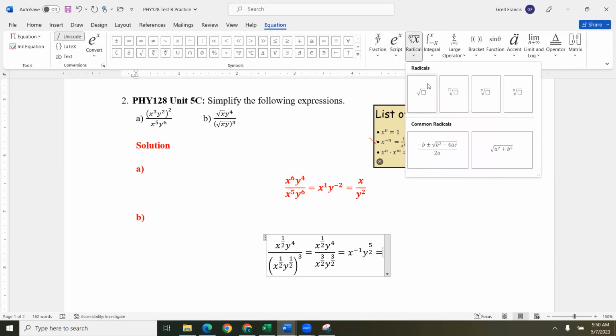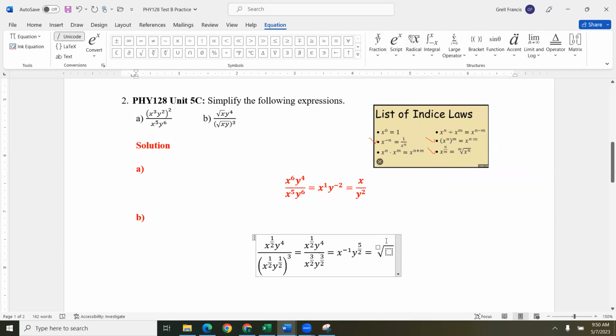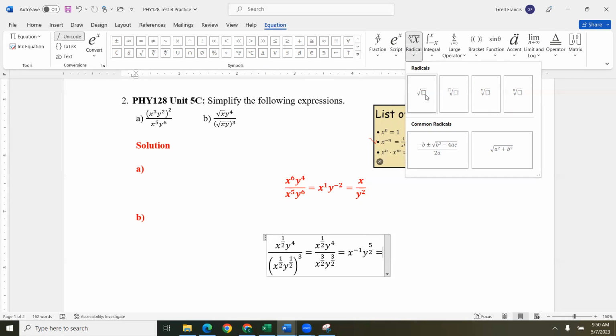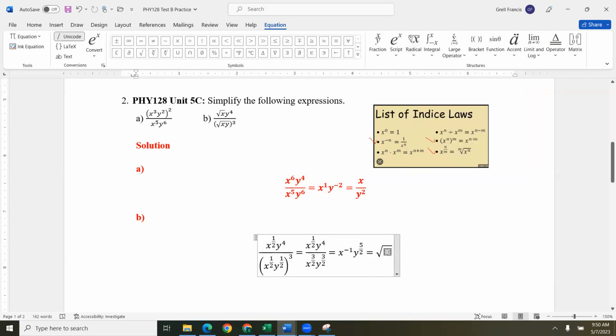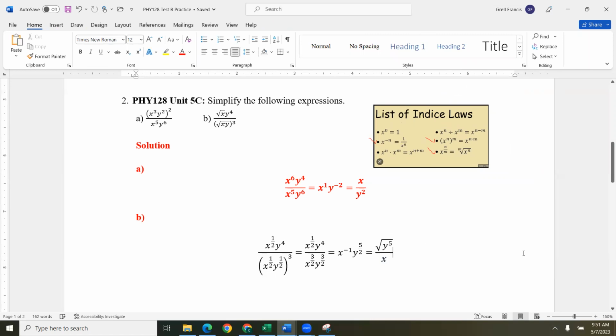So the numerator will become the power, and the denominator now will be the value of the radical sign. But because it's 2, then we don't really have to write the value of 2. So you can just put the square root of y raised to the 5 divided by x. So that will be the simplification of this expression by applying the laws of indices. For this one, we applied 3 laws: the negative indice law, the powers raised law, and the radical sign or fractional indice law.